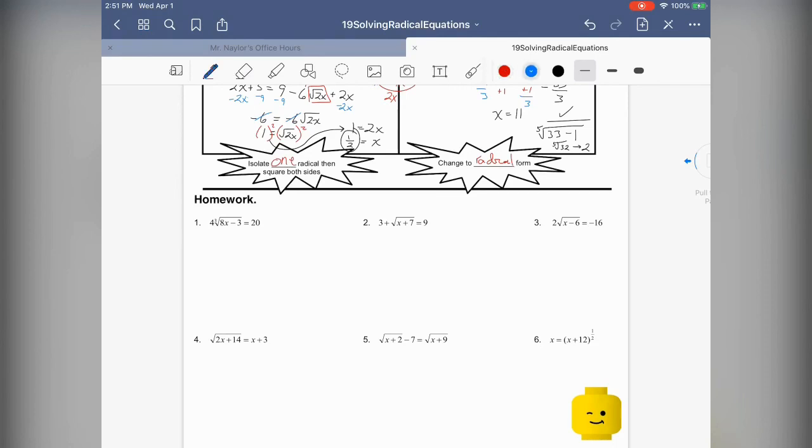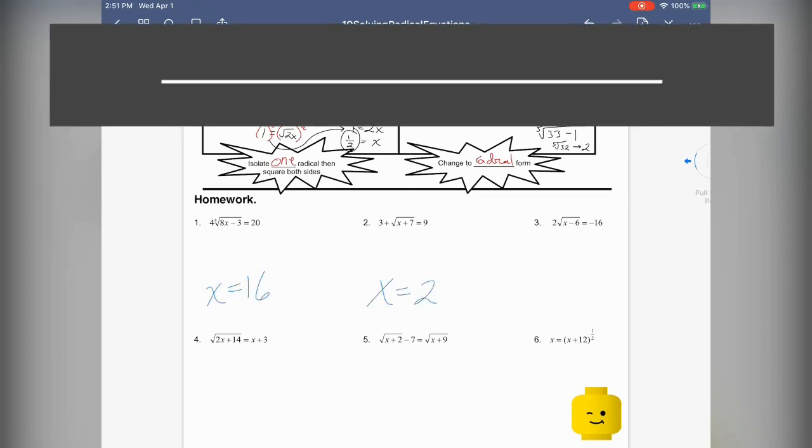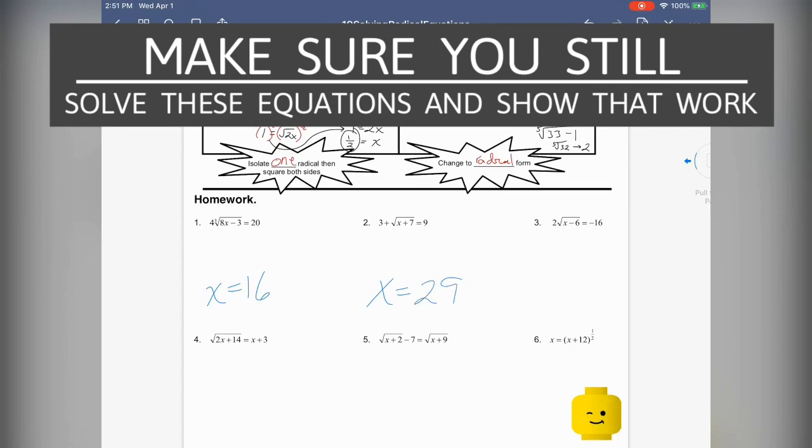All right, so the answers that you should be getting on this would be 16, 29. You should be getting 70 on this one, but I'll put a little question mark beside that. I'm sure you can guess why. How about this one? You should be getting x equals 1 and x equals negative 5, but one of those you're going to end up crossing off.